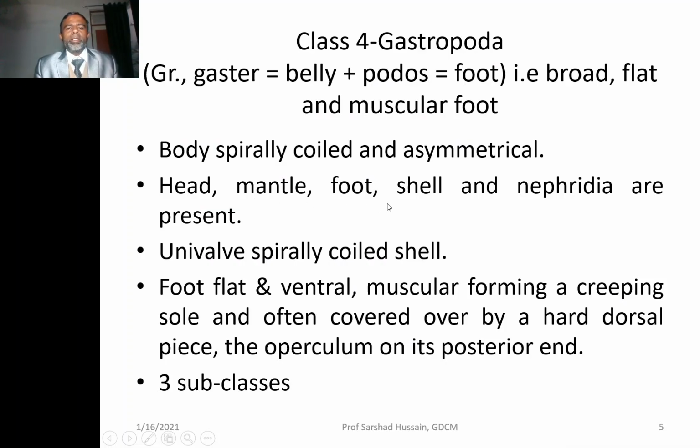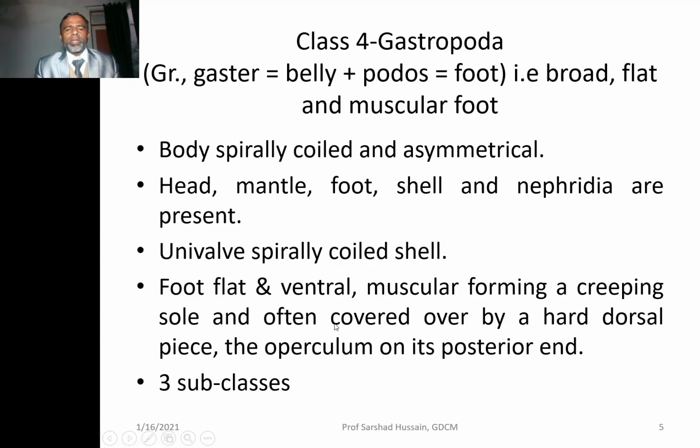Head, mantle, foot, shell, and nephridia are present. The shell is univalve and spirally coiled. The foot is flat and is present on the ventral side. It is also muscular and is meant for creeping, and is often covered by a hard dorsal piece, the operculum, on its posterior end.